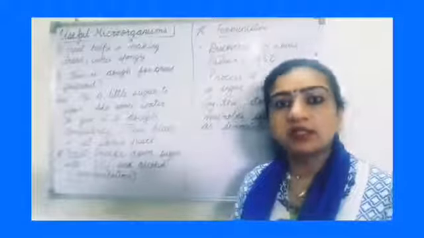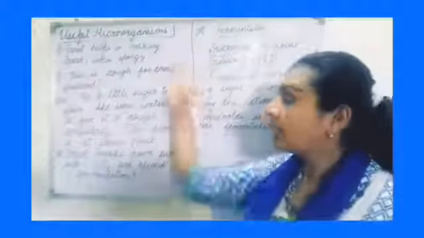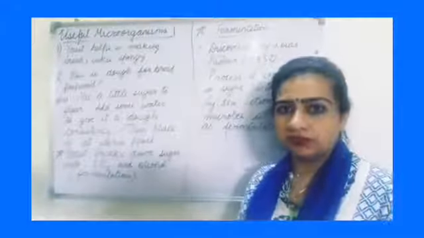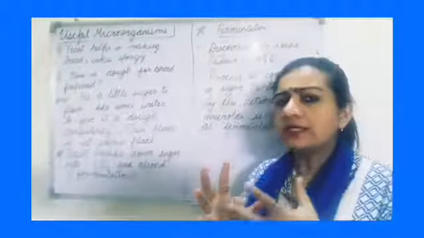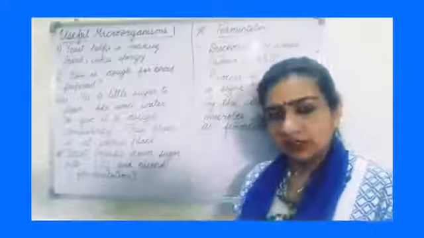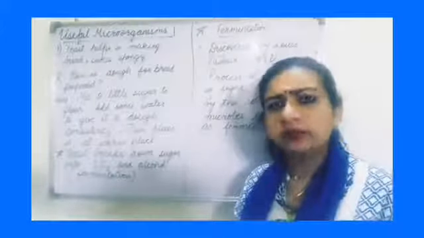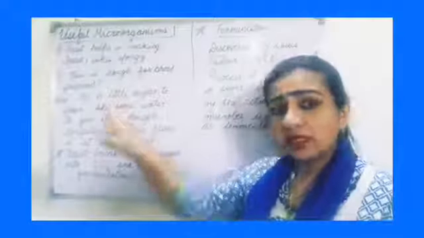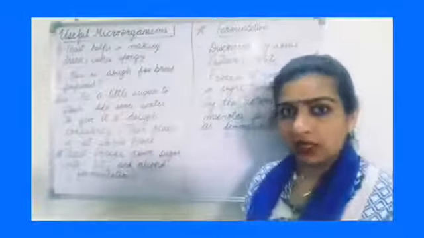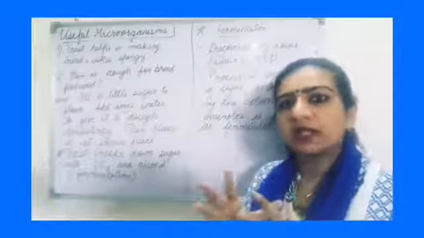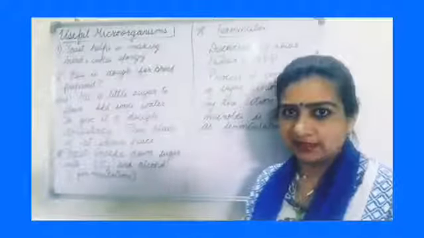The next useful microorganism is yeast. Yeast helps in making bread and cakes soft and spongy. Do you know how dough for these cakes and bread is prepared? Yes, it is prepared by mixing a little sugar into the flour and adding some water to make a dough consistency.